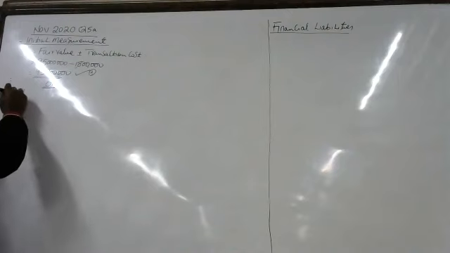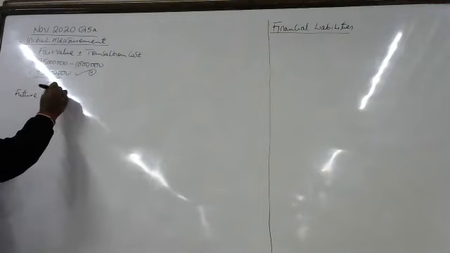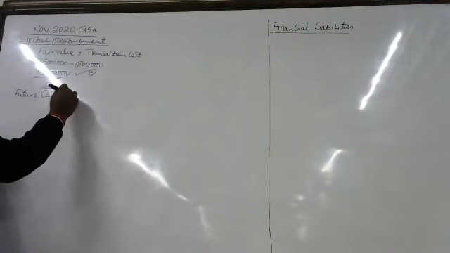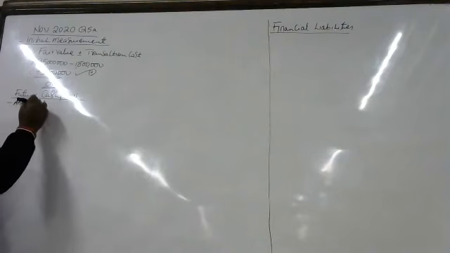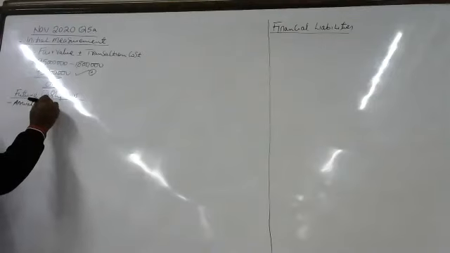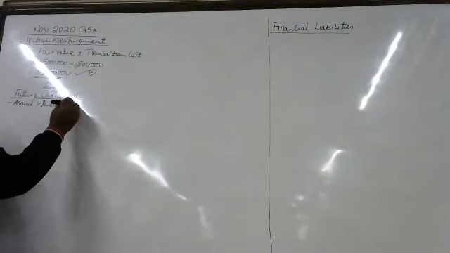When you discount future cash flows, the future cash flows related to this bond include annual interest. You can see the bond carries an interest rate of 5%. That is the coupon rate.